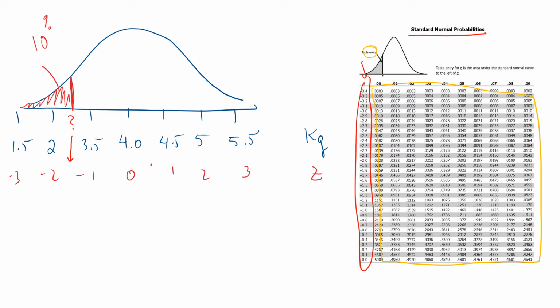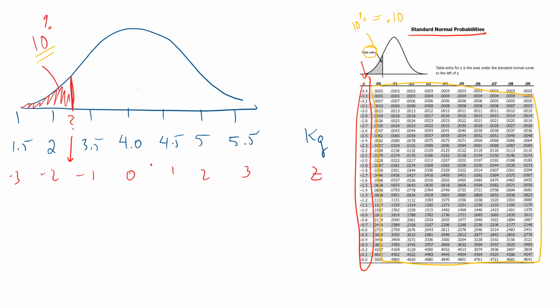And we're looking for this percentage to be 10%. Our tables aren't listed as a percent, they're listed as a decimal, so it's 0.10. So I've got to find 0.10, or the closest I can, in this table.